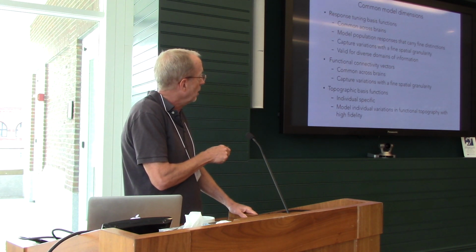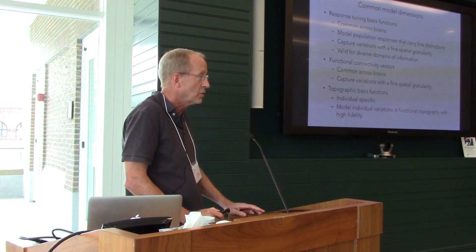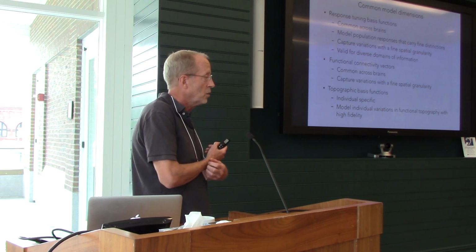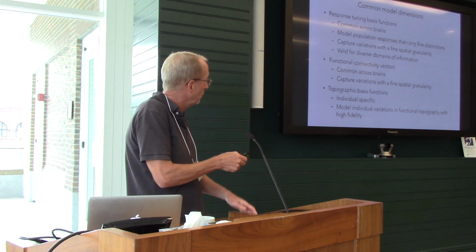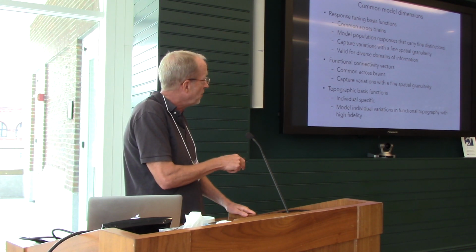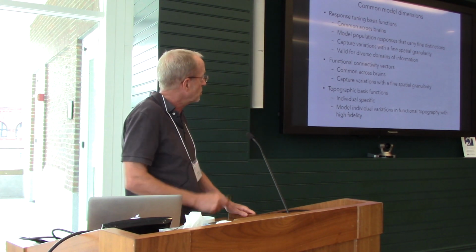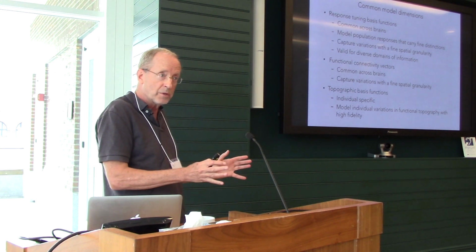Using this method, we can model population responses that carry very fine distinctions, like the distinction between the response to monkeys or lemurs, or the distinction between two very similar time segments in a movie. They capture variations with a fine spatial granularity down to a single voxel, and they're valid for diverse domains of information. This isn't just a visual model. It's really a model of representation in the whole brain.